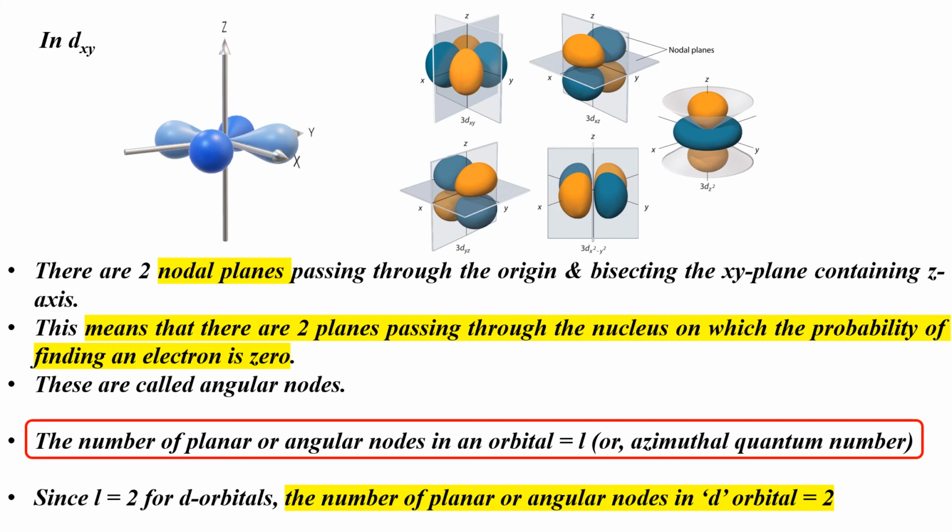Such nodes are called angular nodes. Since the number of nodes corresponds to the number of bisecting planes, angular nodes can also be called planar nodes. So the number of planar or angular nodes in an orbital is equal to the value of its azimuthal quantum number L. Since L is equal to 2 for d orbitals, the number of angular nodes in a d orbital is 2.